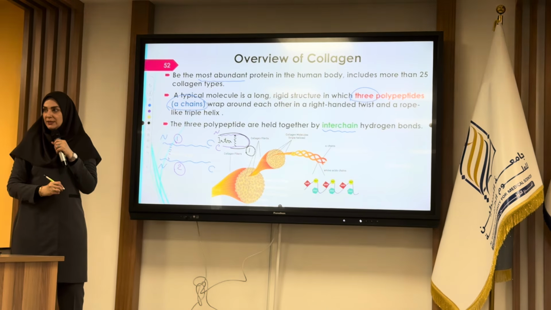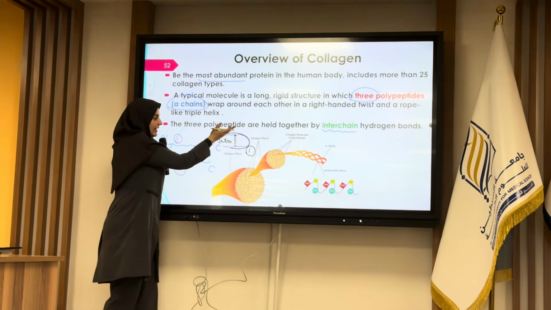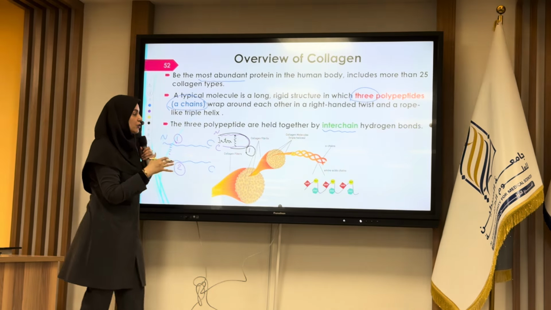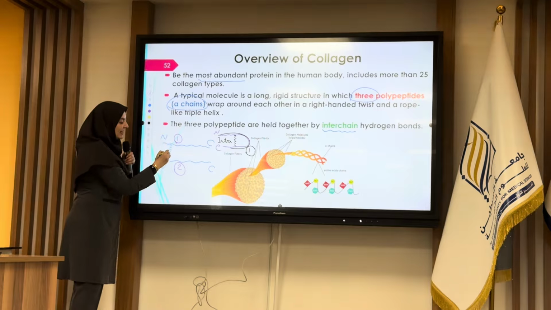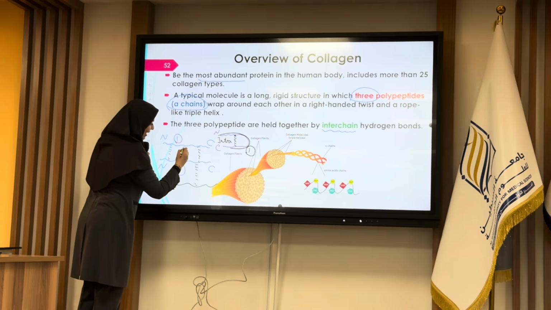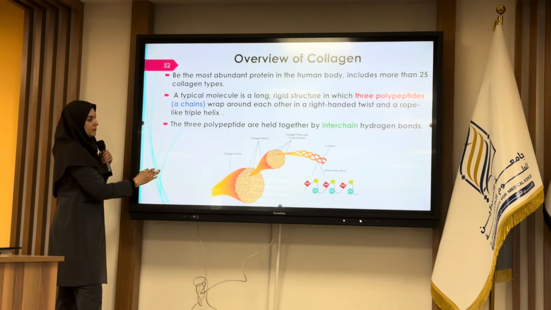Do you understand? Inter-chain, intra-chain actually. But about the collagen, we have an inter-chain. For example, you have three alpha chains, and between the chains you have an interchain hydrogen bond.